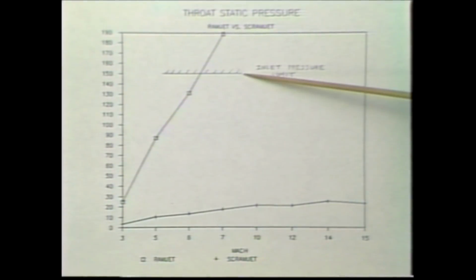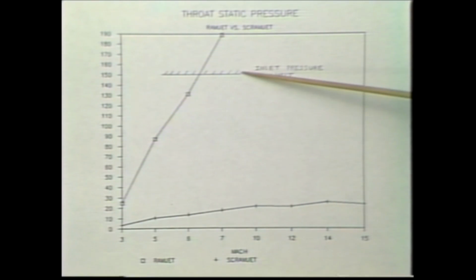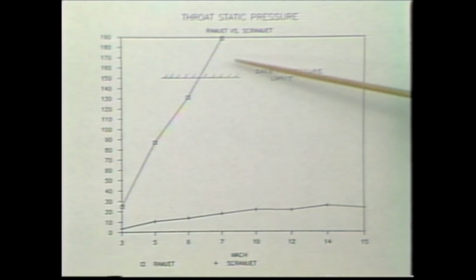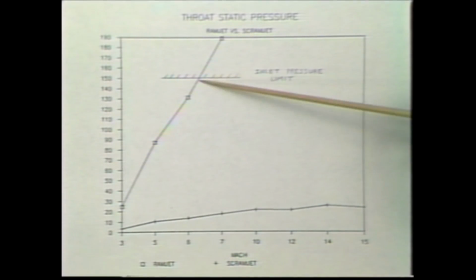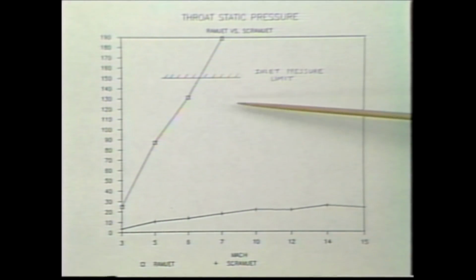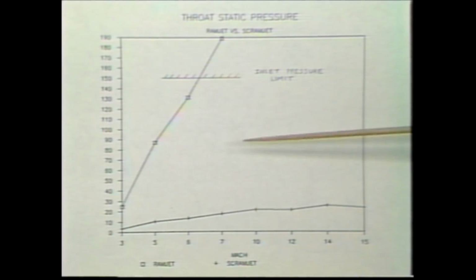Now it really came down to these constraints or limits. If you picked a reasonable pressure limit of 10 atmospheres in the combustor, you cannot run that ramjet higher than about Mach 6.5, maybe even a little less, before you exceed that pressure limit. That's not a hard limit. That needs to be traded, that weight versus performance, but it's a reasonable kind of number. So that's one limit, and then the other is the inlet temperature limit.